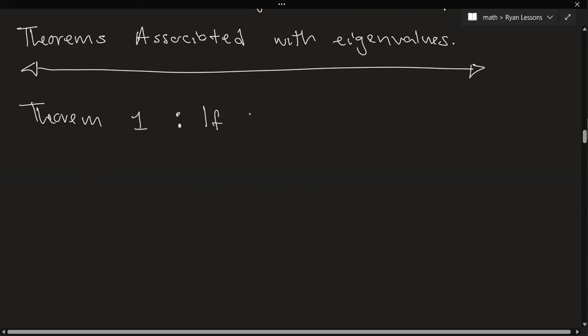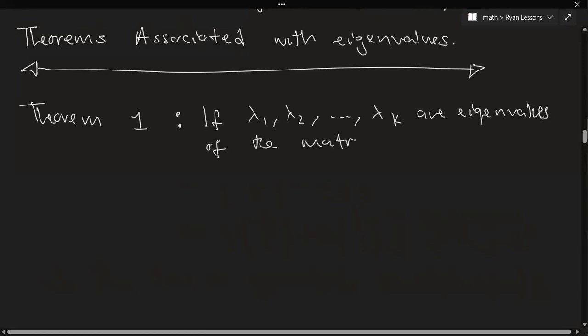if lambda 1, lambda 2, to lambda k are eigenvalues of the matrix A, then the sum of lambda i, for all i, is equal to the sum of a_ii, for all i.